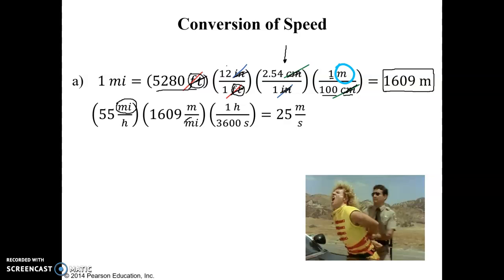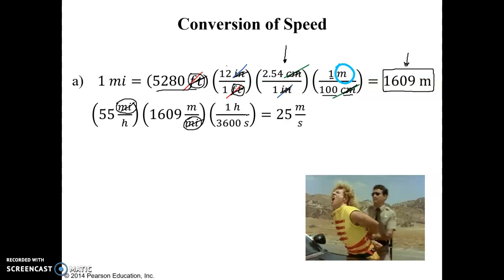So we want to put miles on the bottom here and convert that to meters. So how many meters is there in 1 mile? That's what we calculated in this first row. There are 1,609 meters in every 1 mile. So the mile on top here cancels out the mile on the bottom there, and we are multiplying by 1,609.